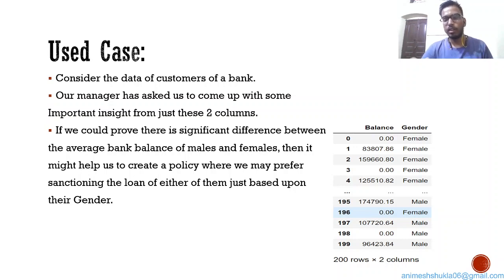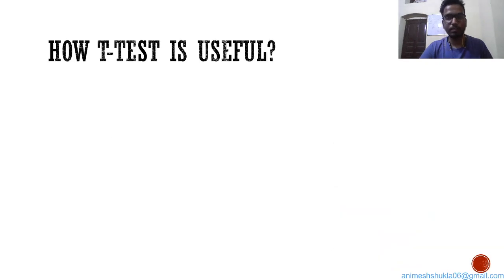For example, if the average bank balance of females is higher than that of males, that explains that females tend to have a higher bank balance as compared to males, and thus they will have a higher capacity of repaying the loan if they take some loan from the bank. Hence the bank would consider this, and would create a policy of sanctioning the loans of those customers who are female as compared to the males.